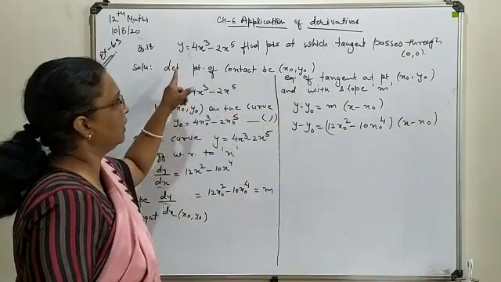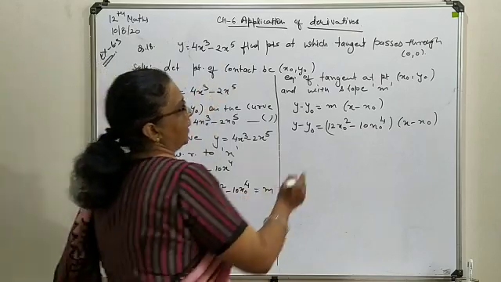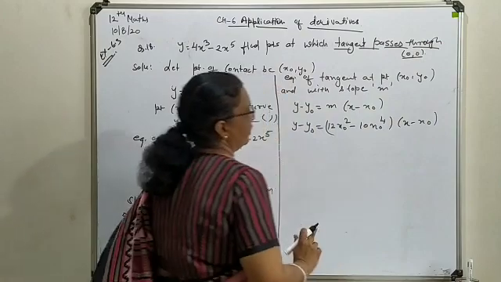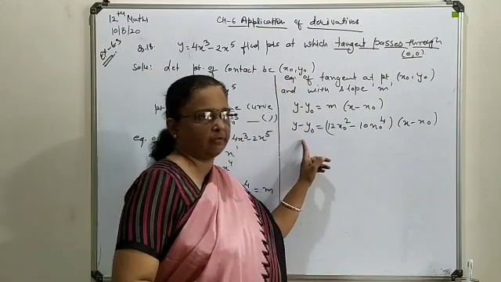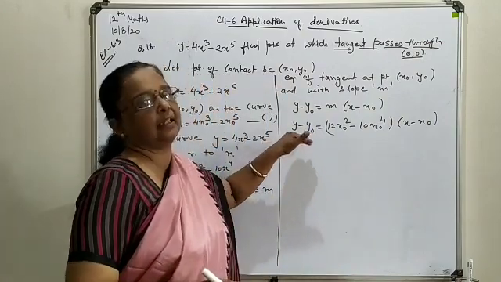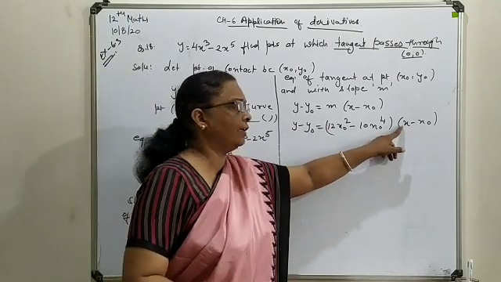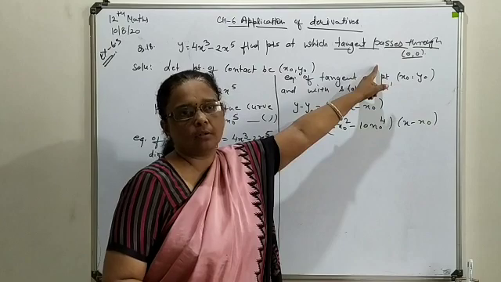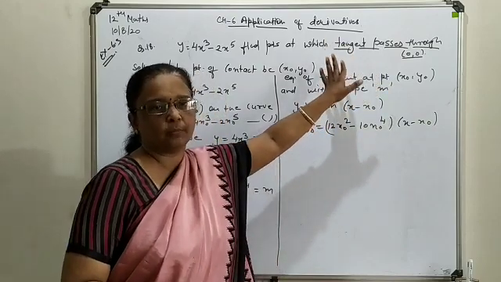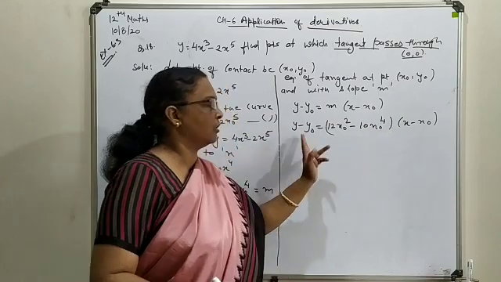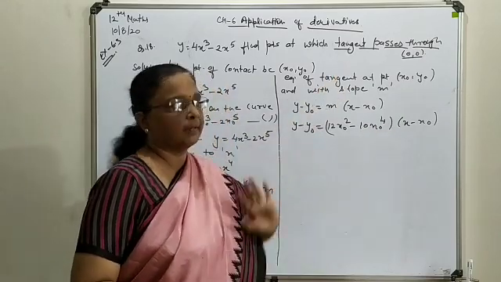Now what is the condition in the question? That the tangent passes through the origin. This is the equation of the tangent we are having. The tangent itself is passing through the origin. That means this x and y will be replaced by the origin position. Tangent is passing through means this standard parameter will satisfy the origin.